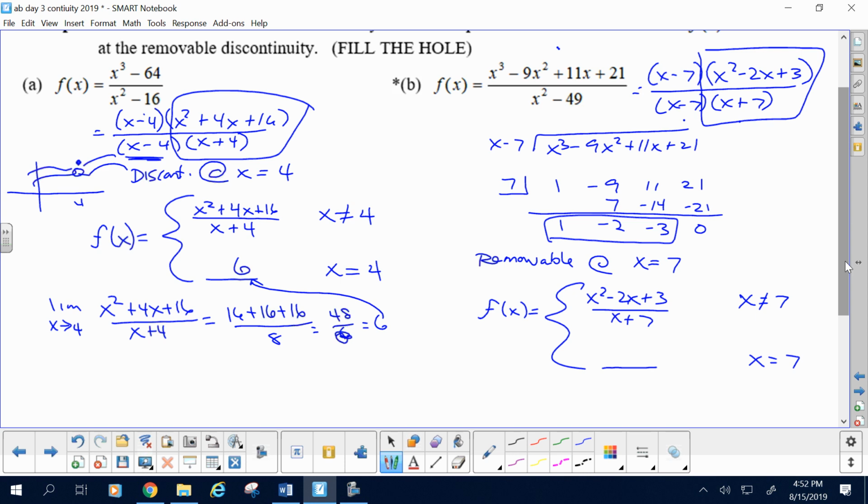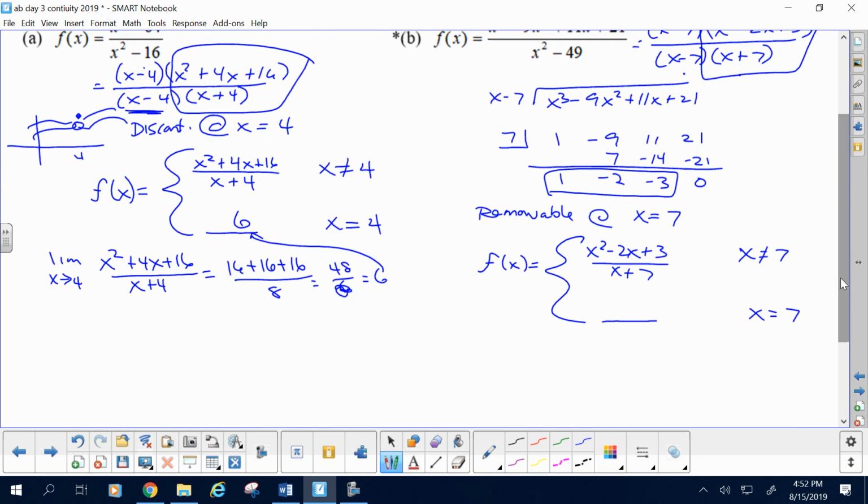To do that, how do we do that? Well, over here, remember we did the limit. We take the limit as x goes to 7 of the residual function and say what happens. Well, it goes to something like 49 minus 14 plus 3 over 14, right? Oh, it's minus 3, sorry.